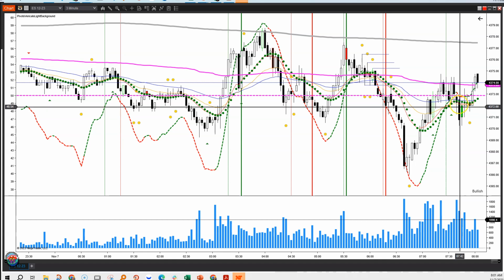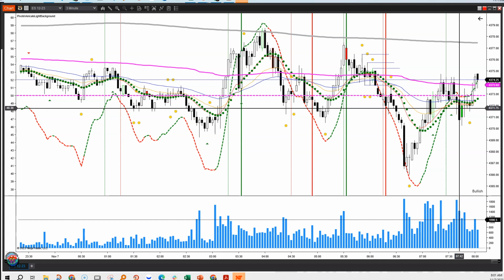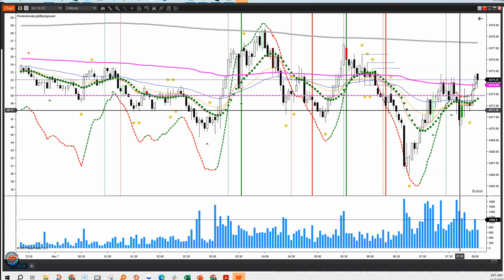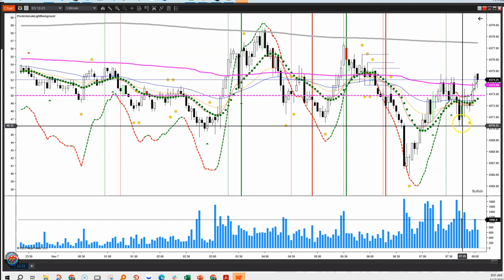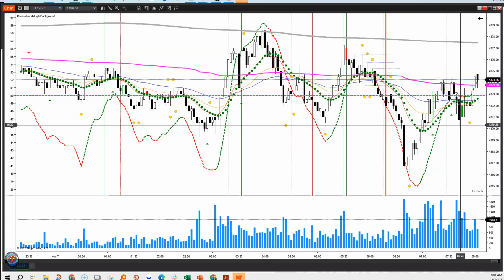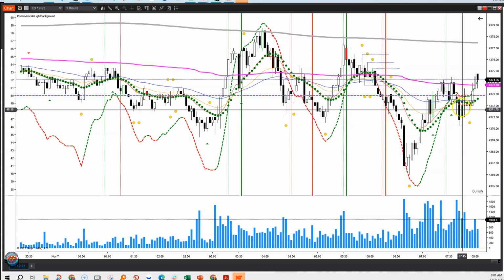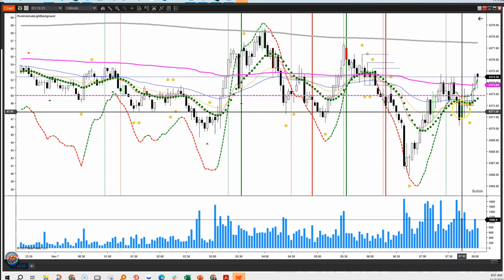And what we'd be looking at here is for the formation of an isolated low within the next 3 to 5 candles. And what we got here, I failed to mark it here, but we've got a tweezer bottom in combination with our harami bullish structure right here.